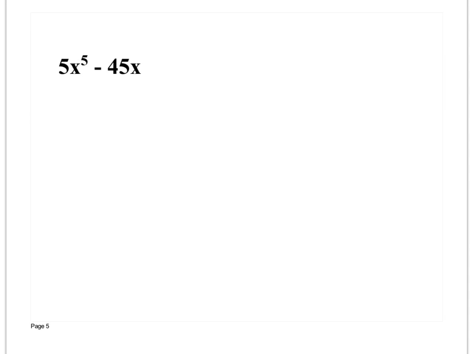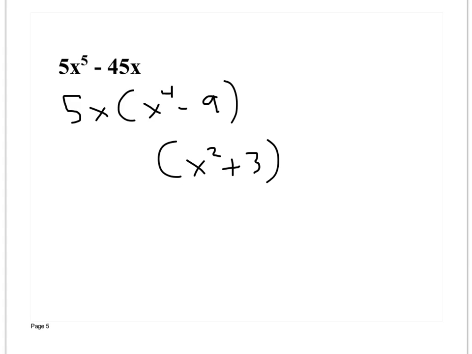Write this one down. Alright, so I've got 5x to the 5th power minus 45x. I notice I can factor out 5x. I've got to get this to at least a 4th power so it can be a difference of squares. So I've got x to the 4th minus 9. Then I know this is a difference of squares, so I can break it up into x squared plus 3 and x squared minus 3.